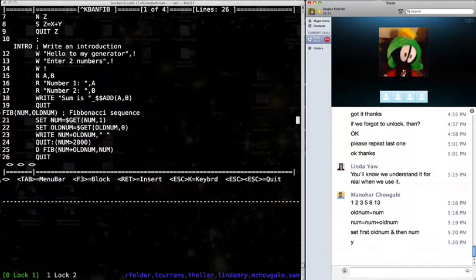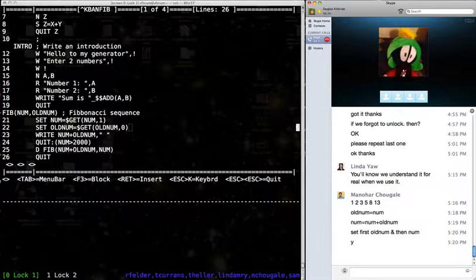So $get says here: get me the value of number or 1, whichever one is defined. If number is not defined, it defaults to 1. And here we go, old number, and again, it's another default.